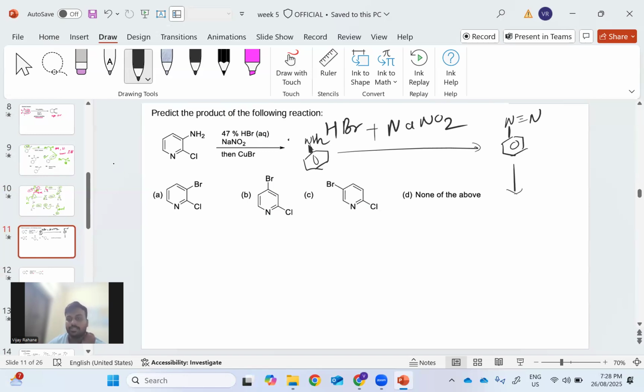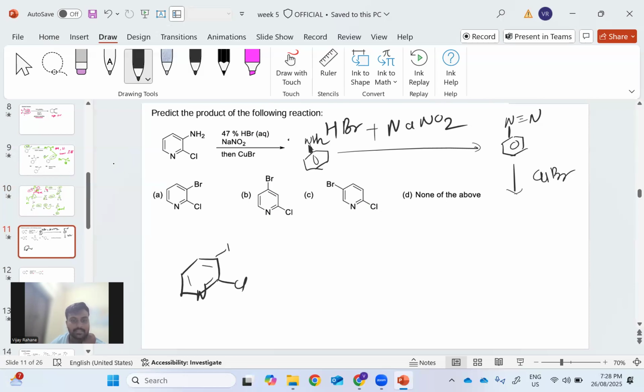And then we have, let's say, the copper bromide, CuBr. So what happens with the CuBr? I will take the same example. This CuBr helps to eliminate this N2. So in this case, we have the starting material, this is the pyridine, and here is the chloride.